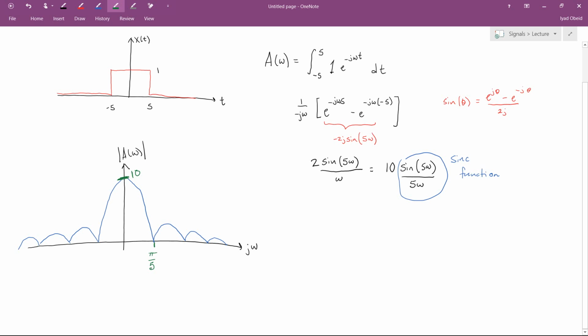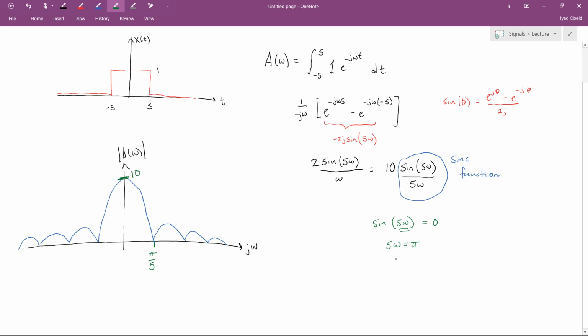Okay, and the reason I know that is that my 0 crossings have to occur when the numerator of my function is 0. So I know that sine of 5 omega equals 0 is where I get my first 0 crossing. And I know that my sine function equals 0 when the argument of the sine function is 180 degrees, or pi. So in other words, when 5 omega equals pi, then sine of that should equal 0.